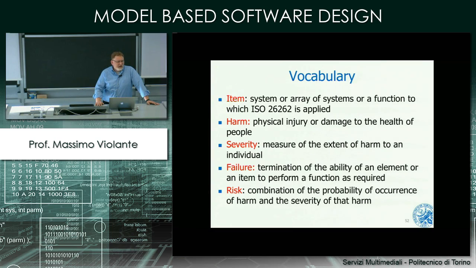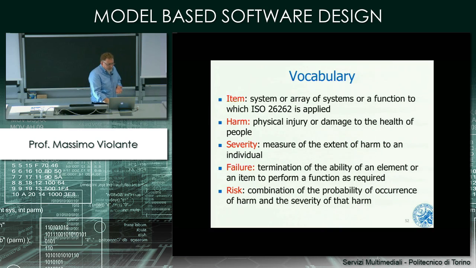The item is the ABS system. The item is the body computer of your vehicle. Okay, so the item is the system or the components inside the system to which ISO applies.